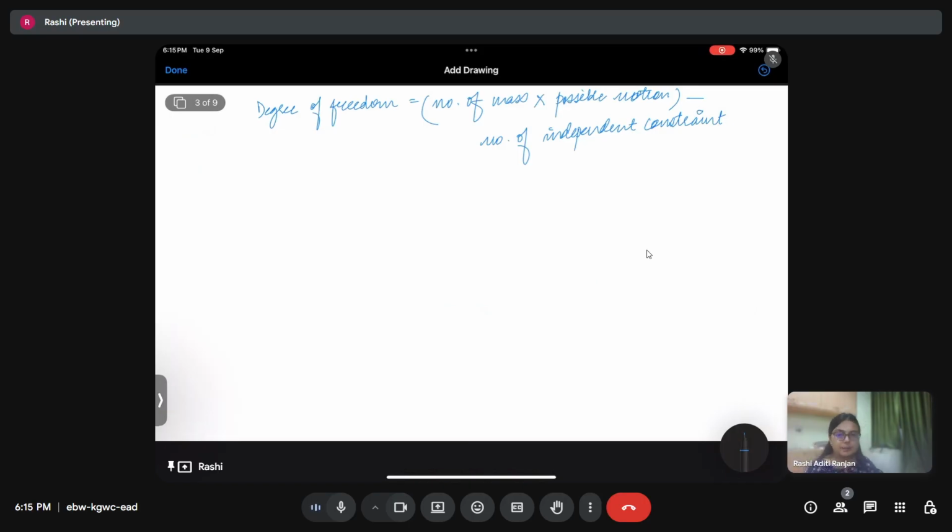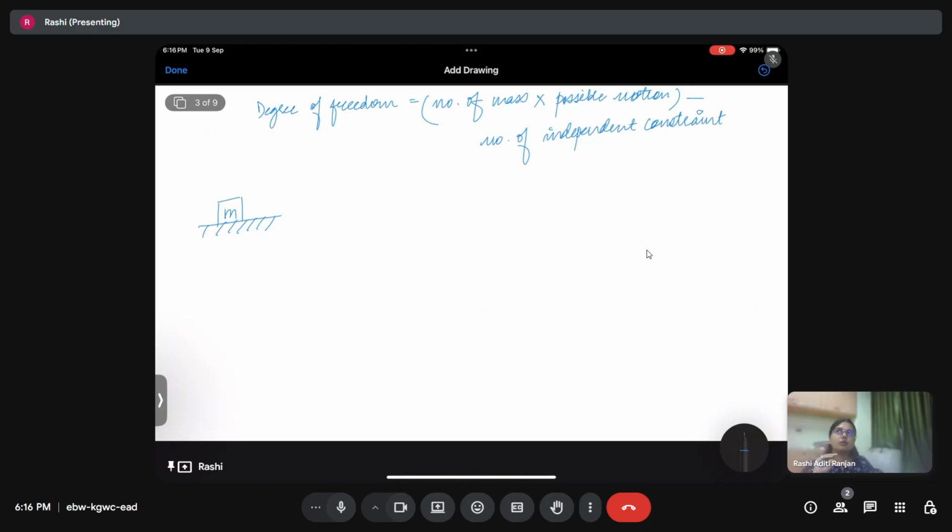Like for example, if I take this mass, which is on a surface like this. Now, when I say that I have constrained it to move horizontally, I write its degree of freedom is 1.